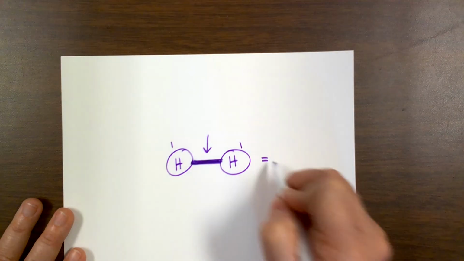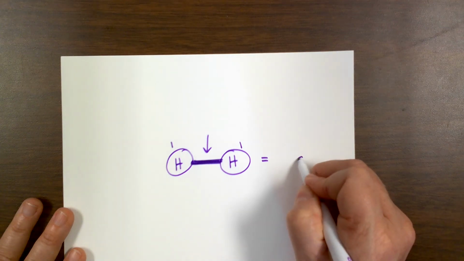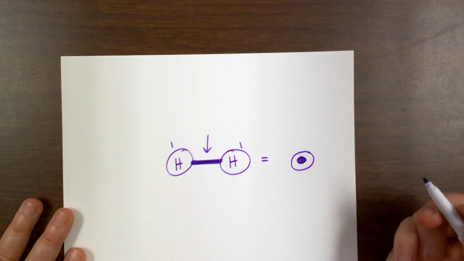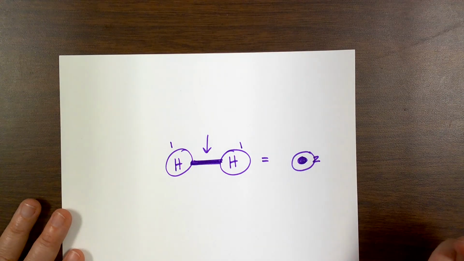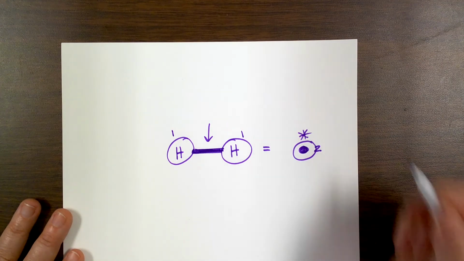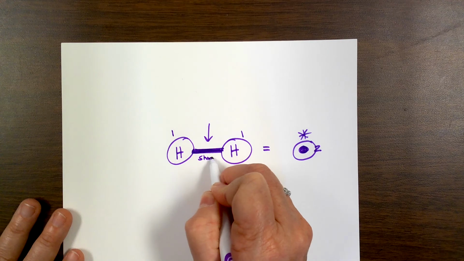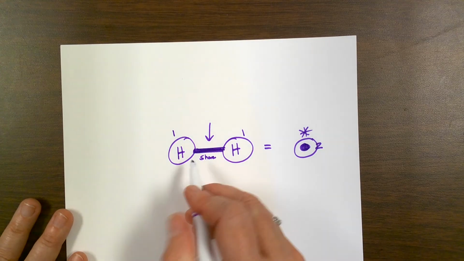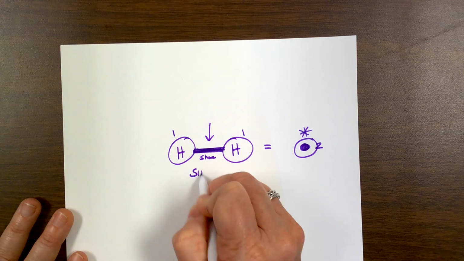Now, this is kind of special because hydrogen's so tiny. Here's the nucleus of its atom. It only needs to fill up the first shell, so it only needs 2 to be stable. Helium is the same way. Everything else needs 8, so he's a little bit of an exception to the rule. So they share an electron. So that's going to be a covalent bond. And here, this is a single bond.